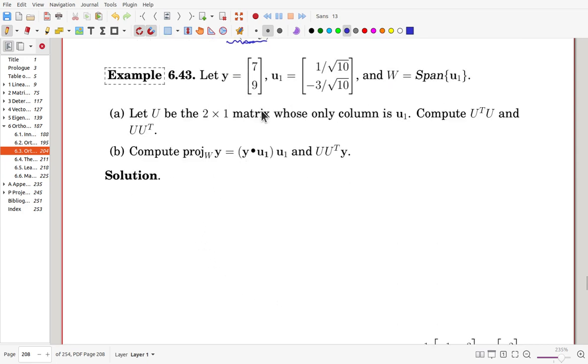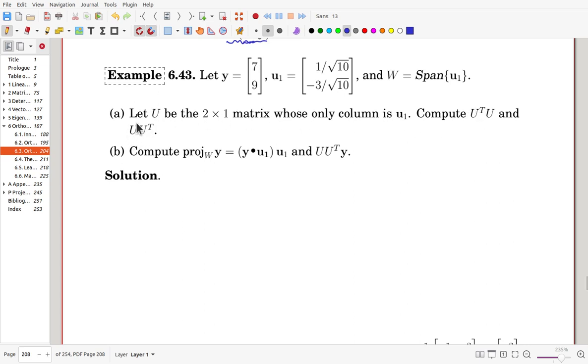Y is (7, 9), and U1 is given in this way, and W is the span of U1. Let U be the 2 by 1 matrix whose only column is U1. Then we can compute U transpose U. Of course, U transpose U is now a 1 by 1 matrix, so the value 1 will appear.